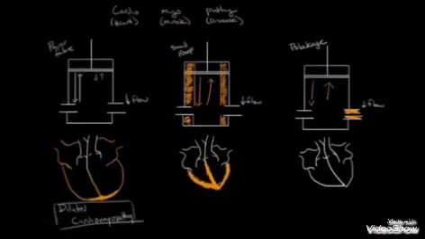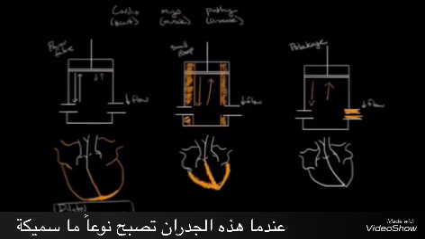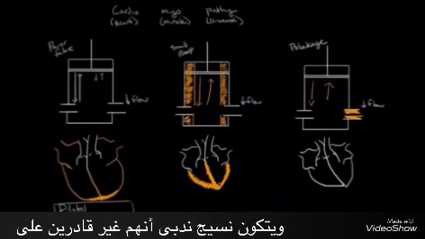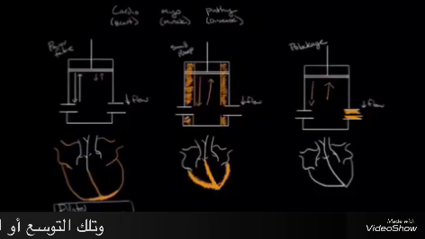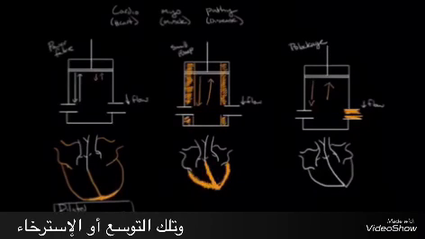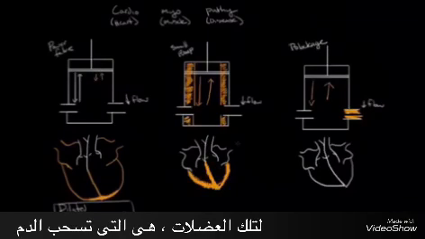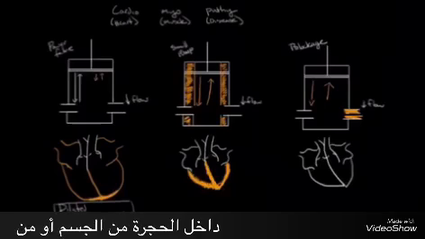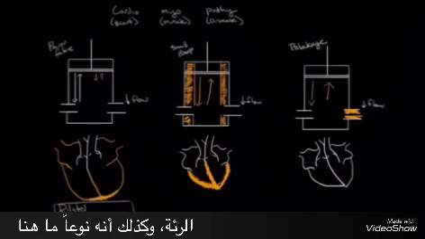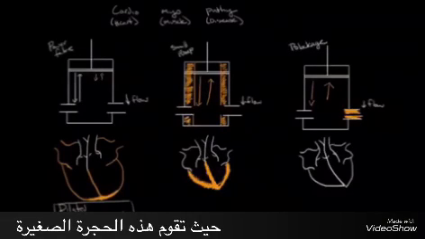And when this happens, when these walls become thick and scarred down, they're not able to expand. And that expansion or relaxation of these muscles is what draws blood into the chambers from the body or from the lungs. So it's like here where you have this smaller chamber.